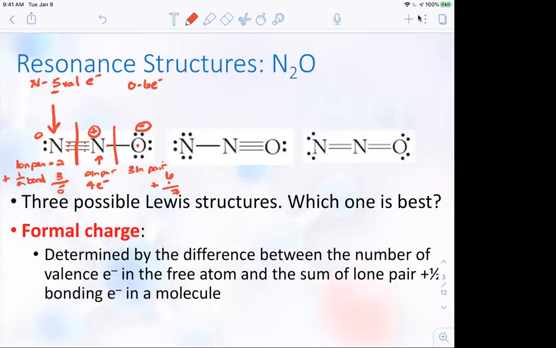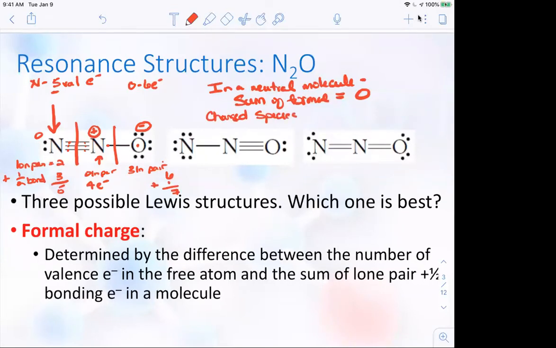So when I do this, what I'm going to notice is that in a neutral molecule, the sum of the formal charges has to equal 0. If I have a charged species, like an ion, the sum of the formal charges has to equal the ion charge.